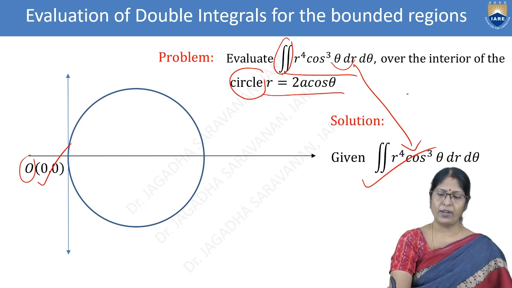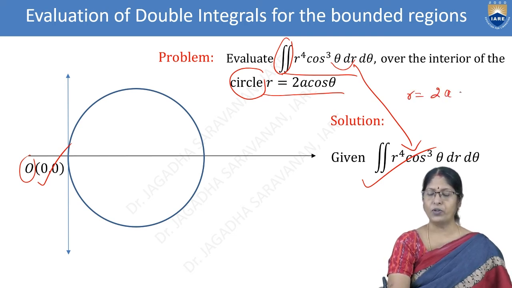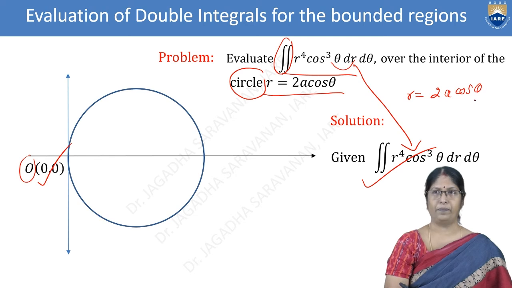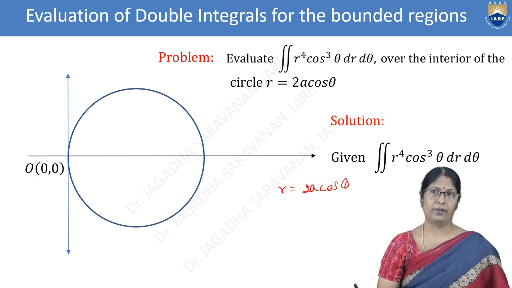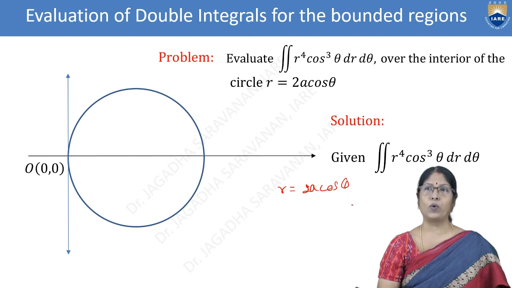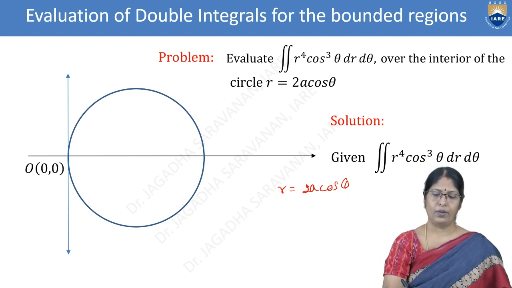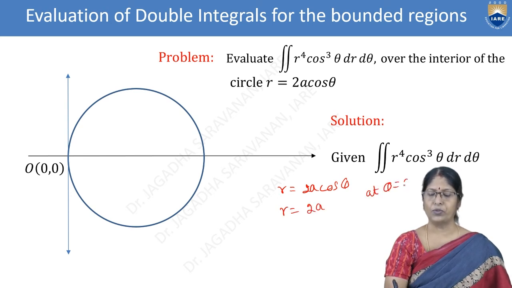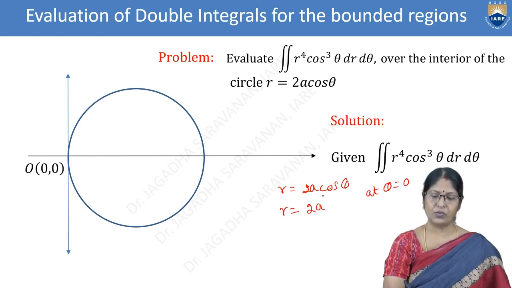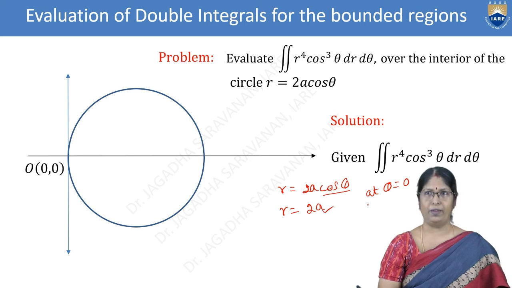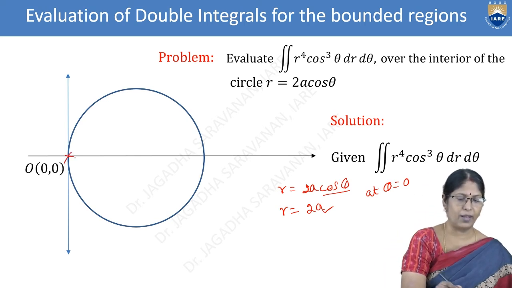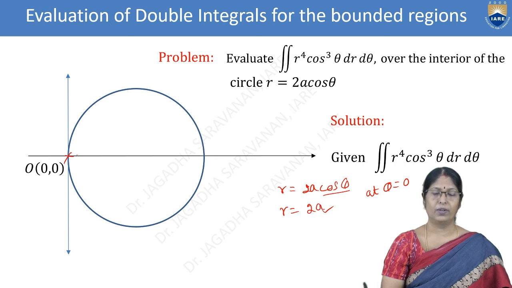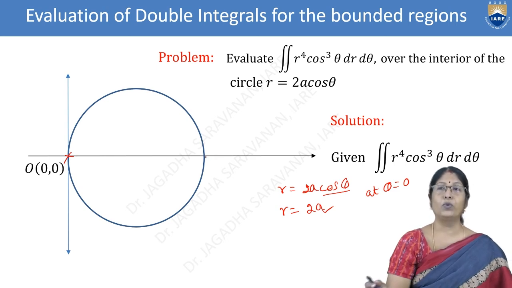Now the question condition is given: r equal to 2a cos theta. If we take angle theta equal to 0, it becomes 2a, because cos 0, we know, is 1. So the radius is 2a. So here the angle is 0, and the radius moves up to 2a.